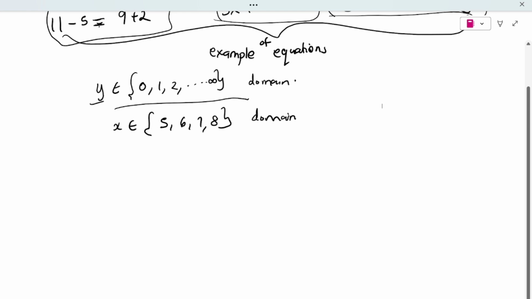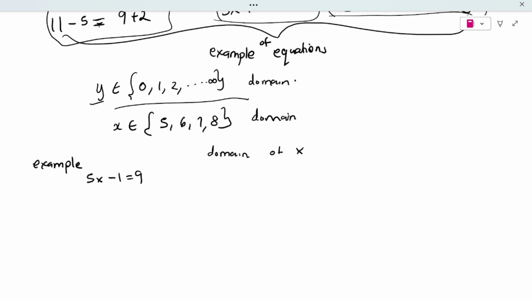So for example, we have 5x minus 1 is equals to 9, and we're given a domain of x is equals to 1, 2, 3.